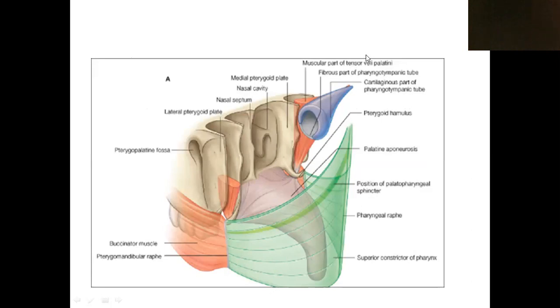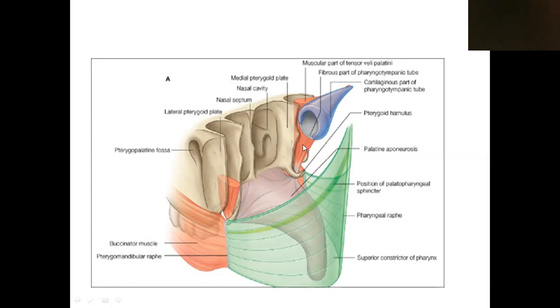Here comes the ear. The middle ear is connected to the nasopharynx by a tube known as the auditory tube or eustachian tube. It opens into the nasopharynx, which is seen behind the nasal cavity. This conical shaped structure is the auditory tube or eustachian tube.